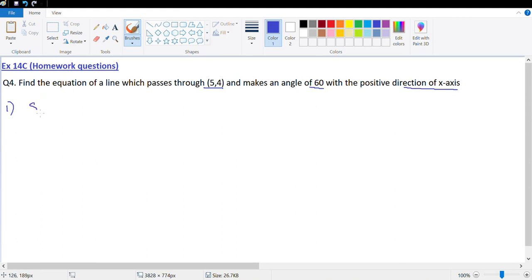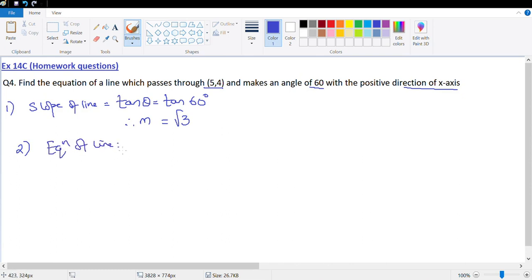So slope of line will be equal to tan theta, in this case, tan 60 degrees. I remember tan 60 degrees is equal to root 3. Therefore, slope is equal to root 3. Now, equation of line we know is given by the formula y minus y1 is equal to m times x minus x1.